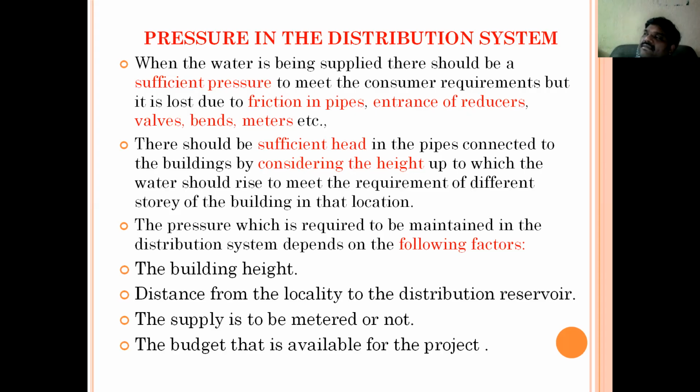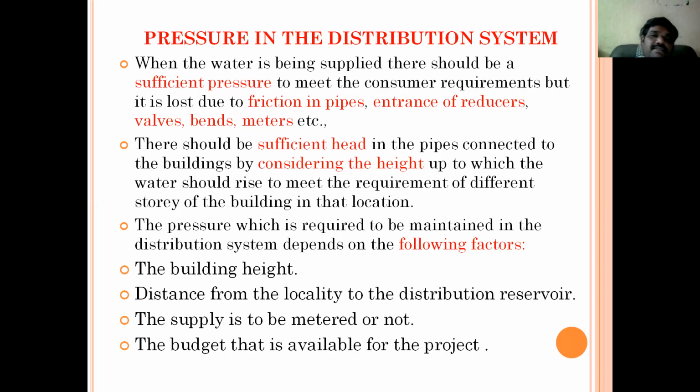See, what is it saying? There should be sufficient head in the pipelines with respect to the height of the building up to which the water has to reach, and the requirements of different stories of the building in that location.